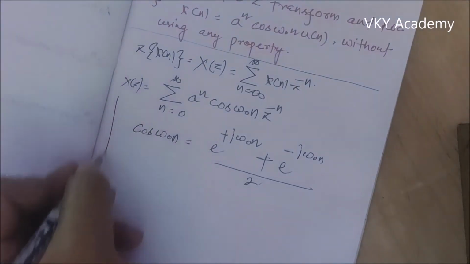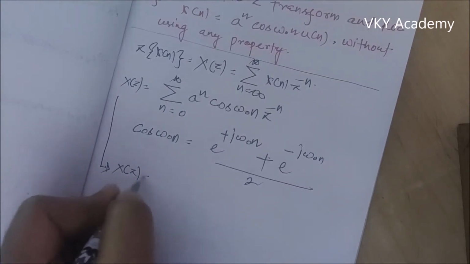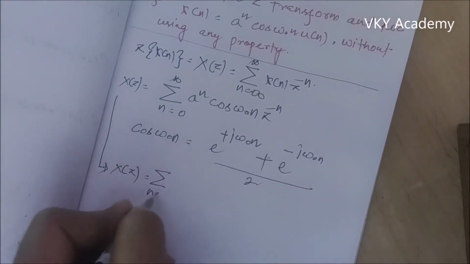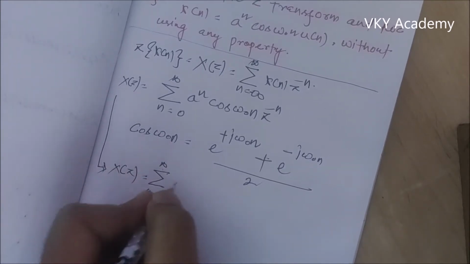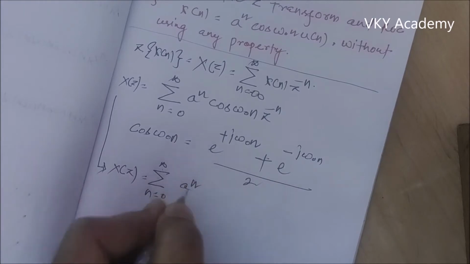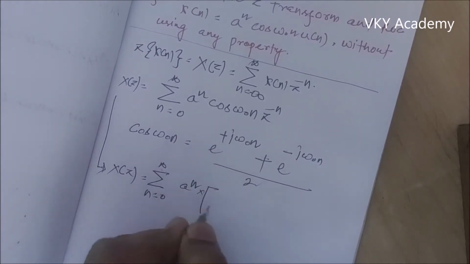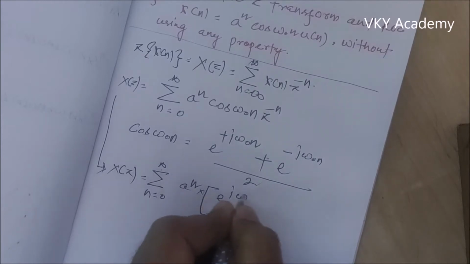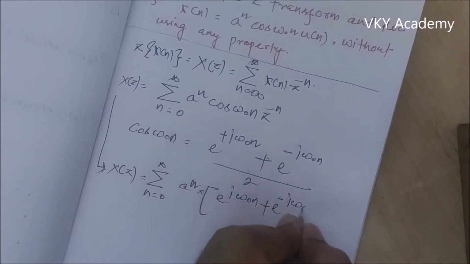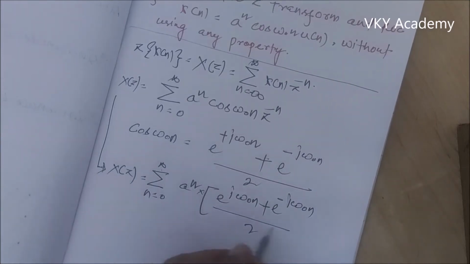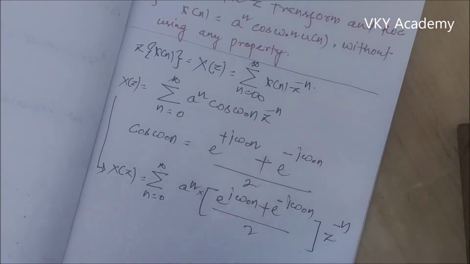So this can be written as x of z is equal to summation n equal to 0 to infinite a to the power n into e to the power j omega naught n plus e to the power minus j omega naught n divided by 2 whole into z to the power minus n.